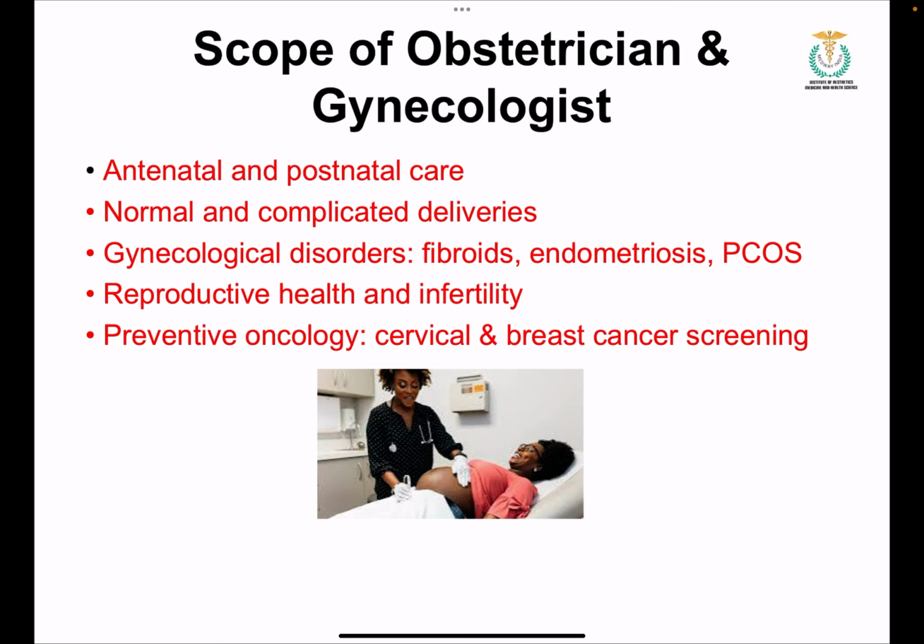Third is gynecological disorders like fibroids, ovarian cyst, endometriosis, PCOS, and PID, that is pelvic inflammatory disease. These are the disorders where there is a role of OBGYN. Next is infertility and reproductive health: evaluation of couples, ovulation induction, and assisted reproductive technology.